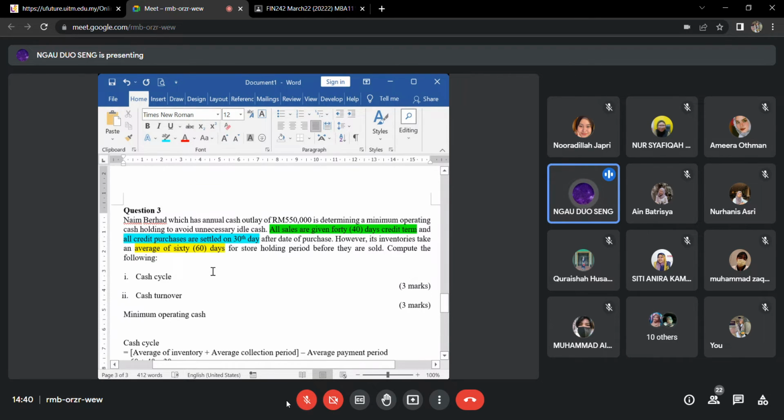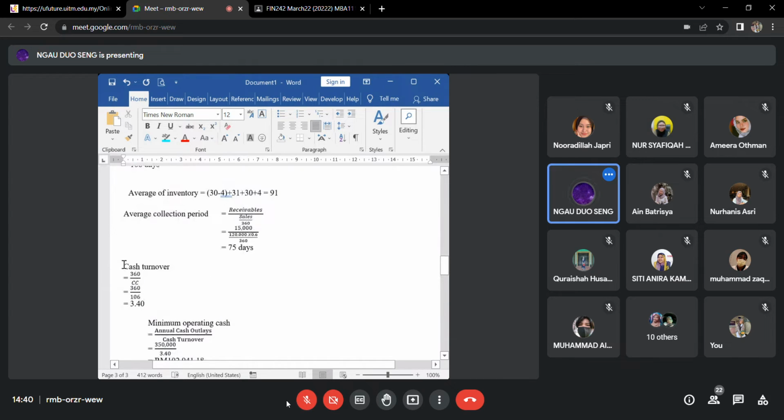Okay, so next we have cash turnover formula.